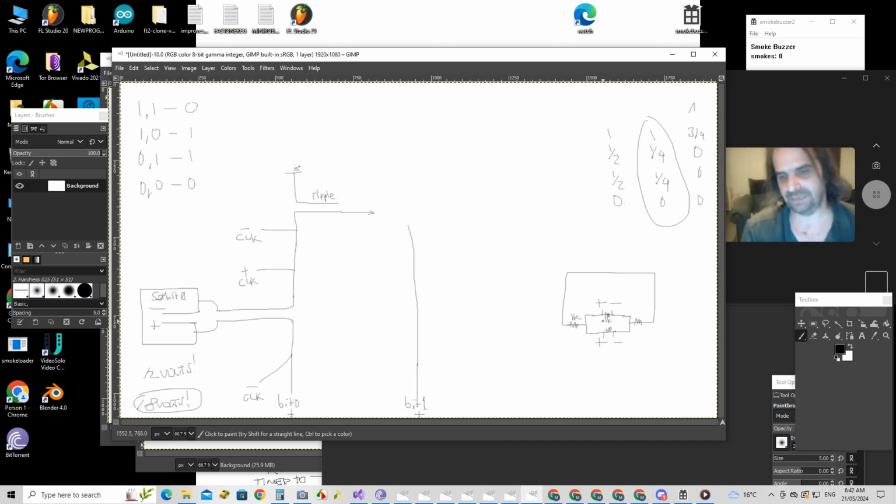If I make those resistors even, I get this one, and that is not convertible to XOR. But this one is convertible to XOR.